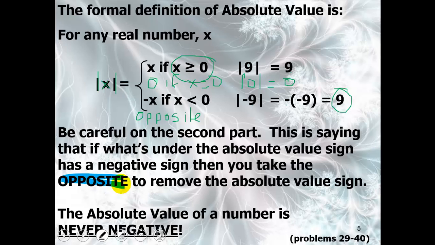The answer of an absolute value is never going to be negative. When you're done with everything, you're not going to get a negative number. You might get the opposite of a negative number, unless there's a negative outside the absolute value sign. Okay?